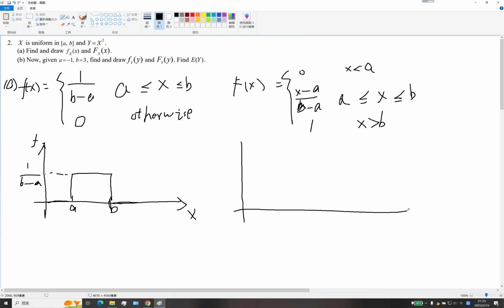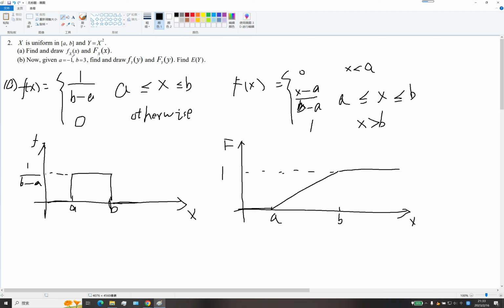And for big F, when x is less than a, it is 0, and between a and b it is a line like this, and on the b side it is 1. When x is larger than b, it is always 1. So this is the picture of little f and big F.